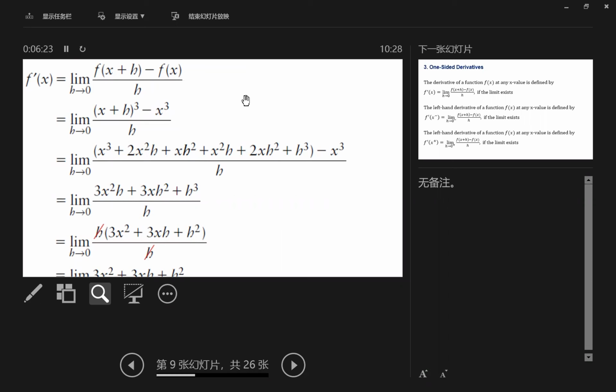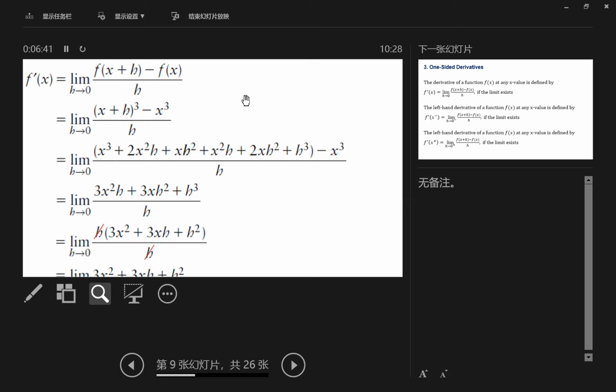Then we should evaluate what f(x+h) is and what f(x) is. Luckily, we know the expression of f(x). Therefore, f(x+h) is just (x+h) cubed, right? Then minus f(x). f(x) is x cubed.